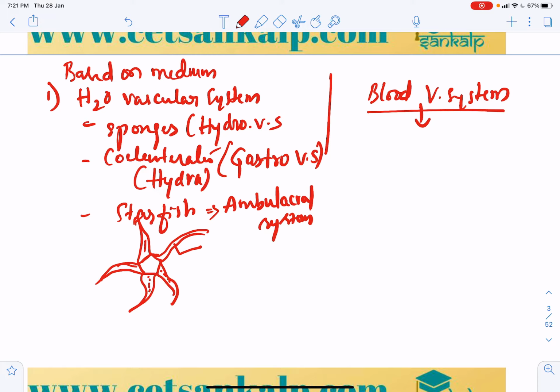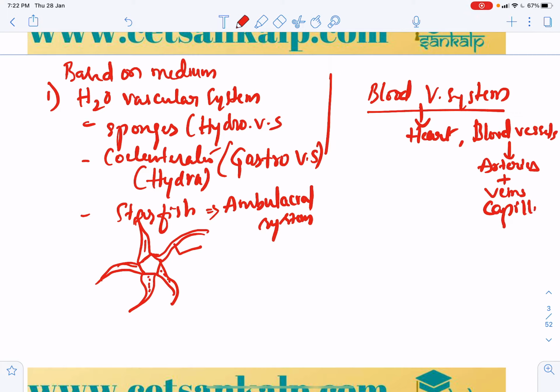Now in the blood vascular system, we can see different types. It always includes a heart, but sometimes there won't be smaller blood vessels, only larger blood vessels. Blood vessels are sometimes divided into arteries, veins and capillaries.